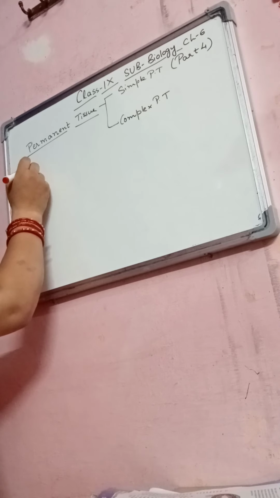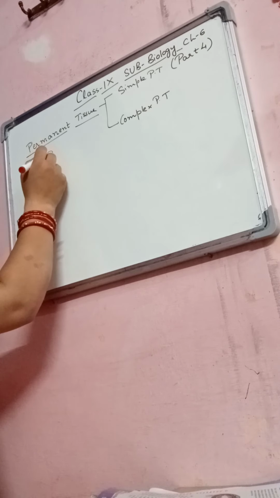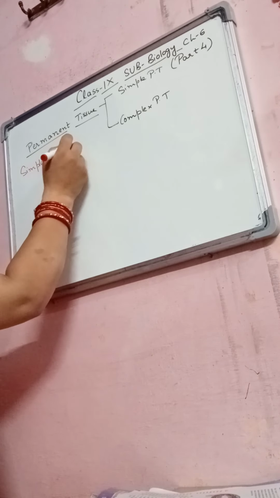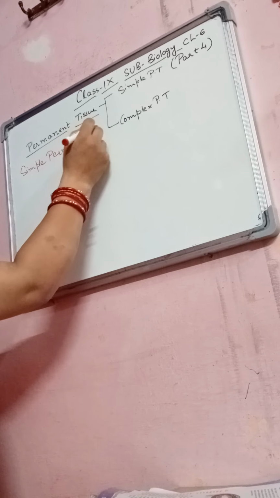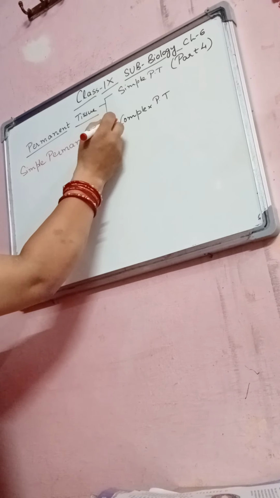Now, students, when I drew the flowchart of this chapter on plant tissue, I explained that simple permanent tissues are composed of cells which are structurally and functionally similar.